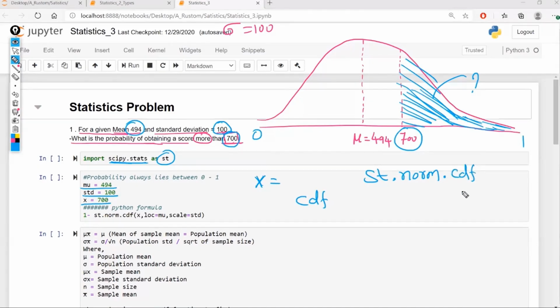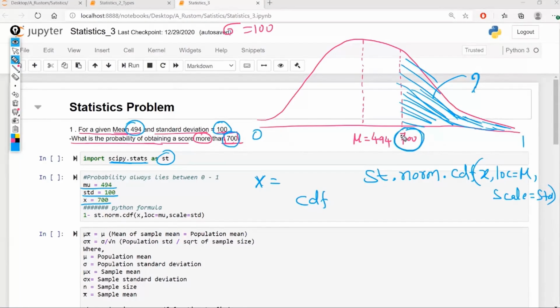We know the CDF function from the earlier video, and the formula is x comma loc, location, which is basically mu or the mean, comma scale. Scale is basically the standard deviation. So this is the formula we have in order to find the probability.